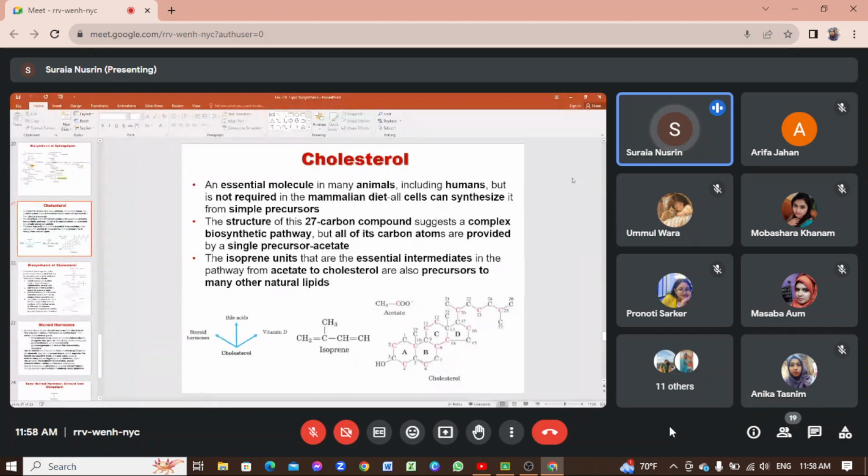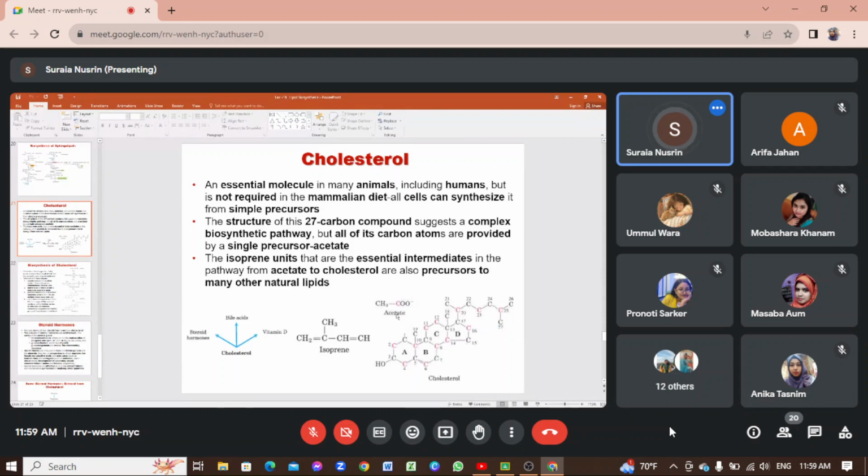Okay, now in the biosynthesis pathway, an intermediate is produced which is called isoprene, and that intermediate is produced during the biosynthesis of cholesterol, and it also functions as a precursor for other lipids. So if you look at this here, there are the structures.